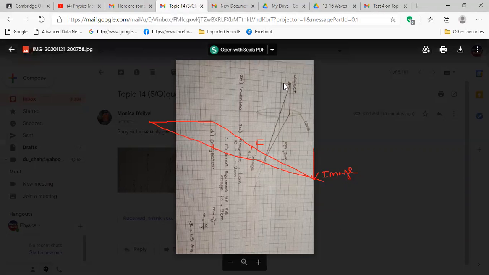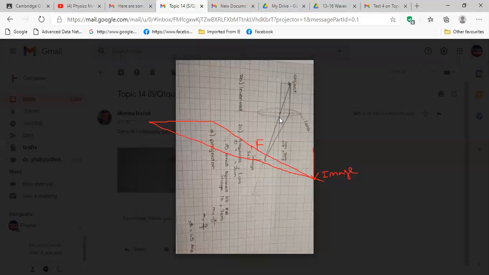You took this as 1 centimeter, right? Then 1, 2, 3, 4 you took. So you took the focal length 4 centimeter. No, sir. I took 3 centimeter. From the optical center, check. Oh, okay. From the optical center till here, 1, 2, 3, 4. Oh, yes, sir. 4 centimeters.